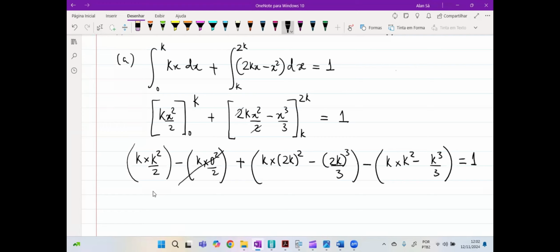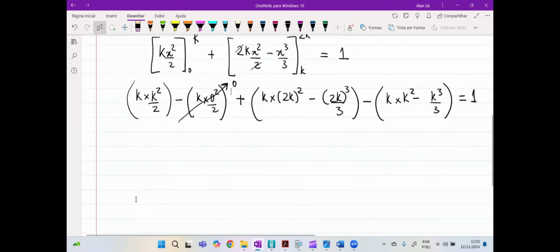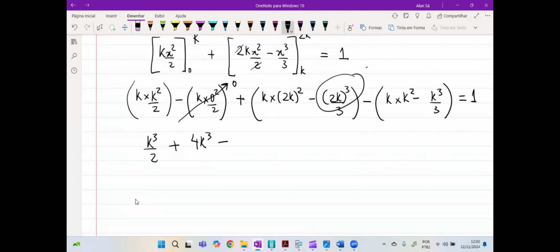This part is equal to 0. Let's simplify the expression: k cubed over 2, plus this part is equal to 4k squared, and when multiplied by k, 4k cubed. So 4k cubed minus 8k cubed over 3, because 2 cubed is 8, minus k cubed, then plus k cubed over 3. This needs to be equal to 1.